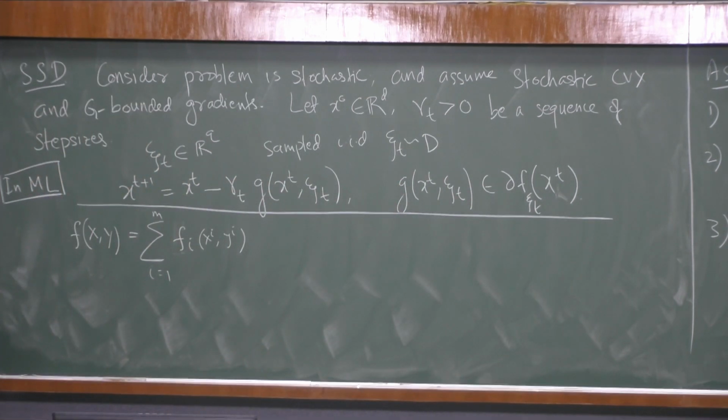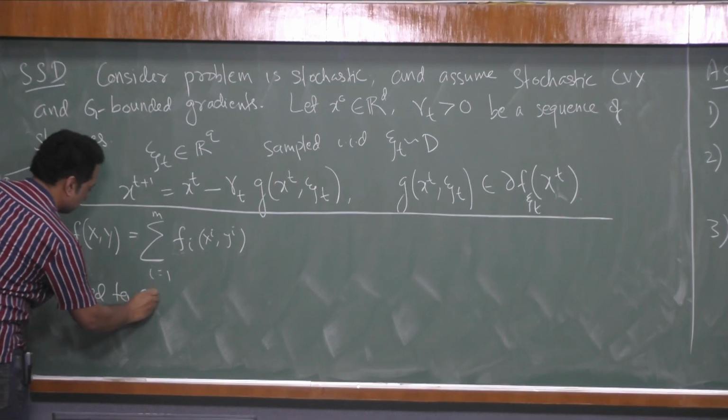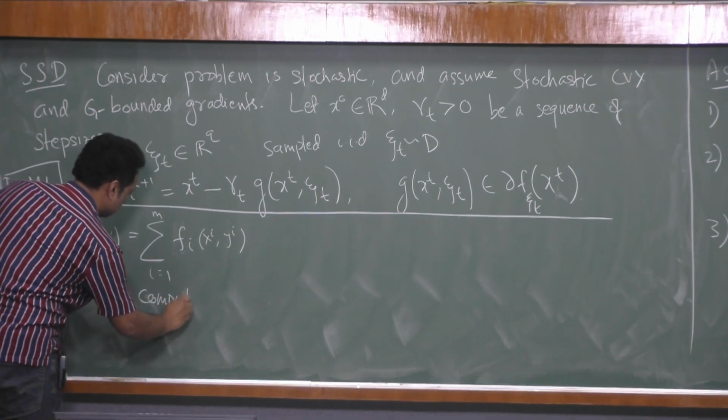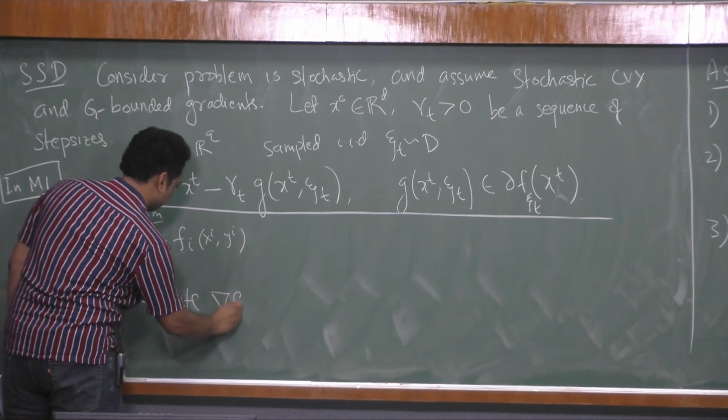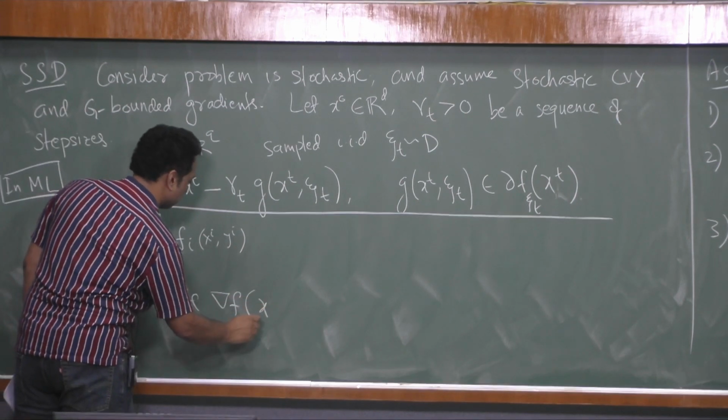So f is the sum of these fi, and what happens is that I'm supposed to compute the gradients at a certain point.